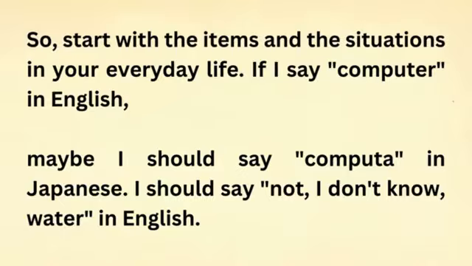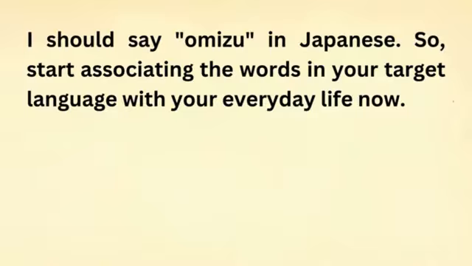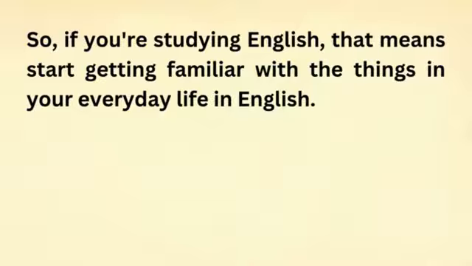I should say not, I don't know, water in English. I should say omizu in Japanese. So, start associating the words in your target language with your everyday life now. So if you're studying English, that means start getting familiar with the things in your everyday life in English.